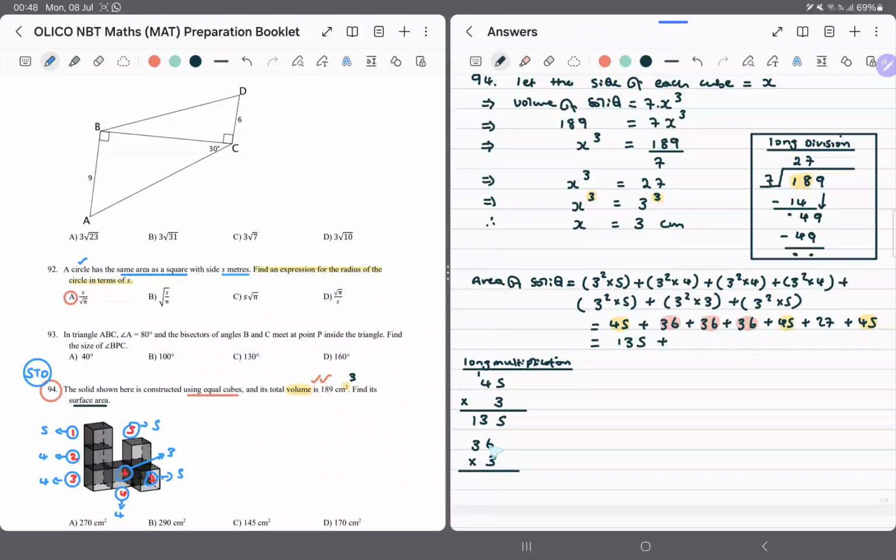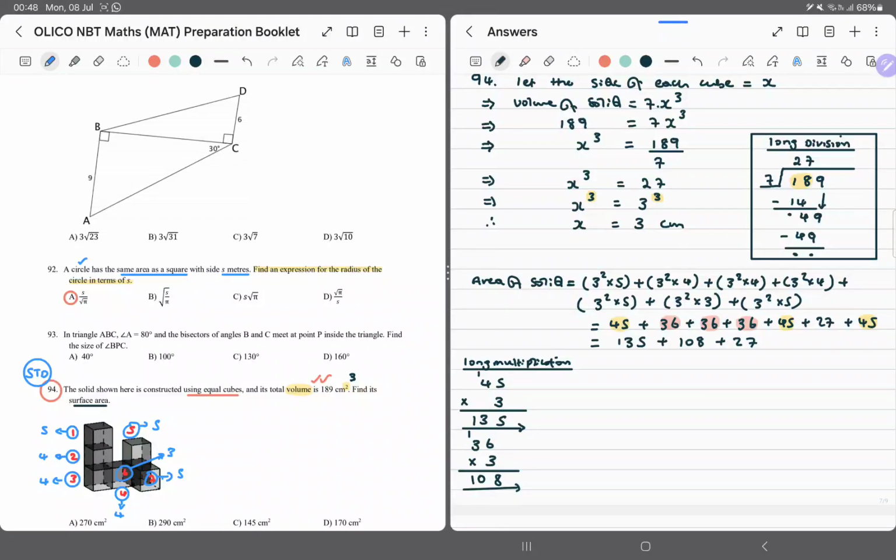Now 3 by 6, that's 18, right? Then we carry 1. 3 by 3, that's 9, plus 1, that's 10. So that is 108. Okay? Plus 27. Alright, so this is good. Obviously this was an answer from the above. This is the answer from the next one.